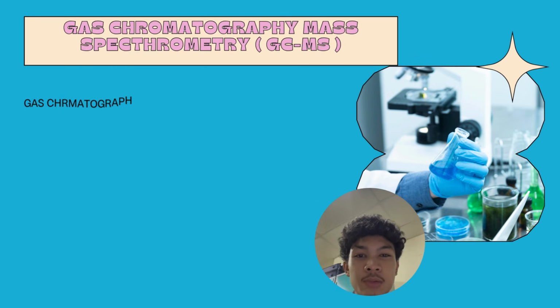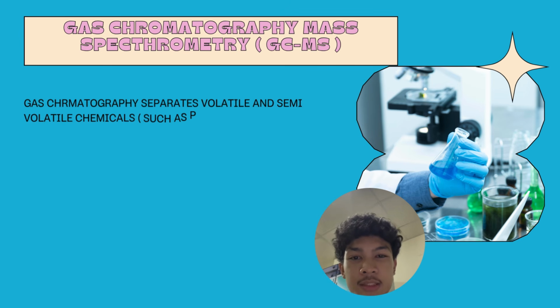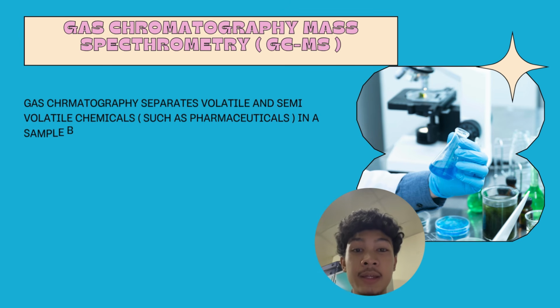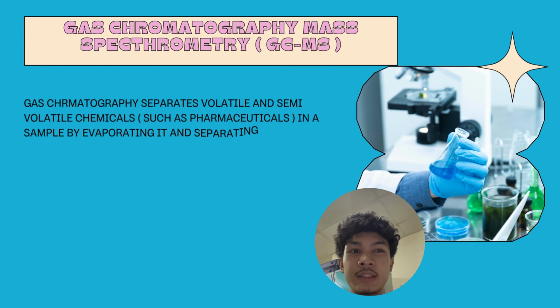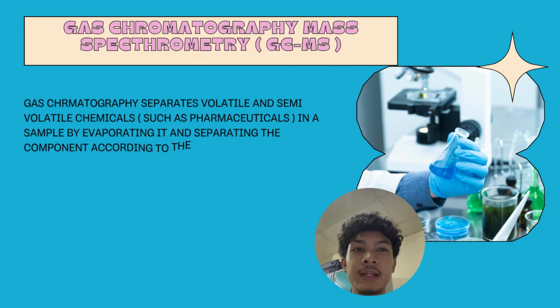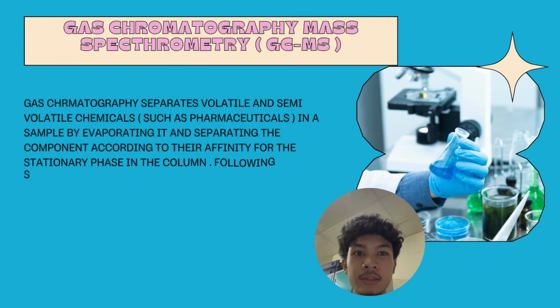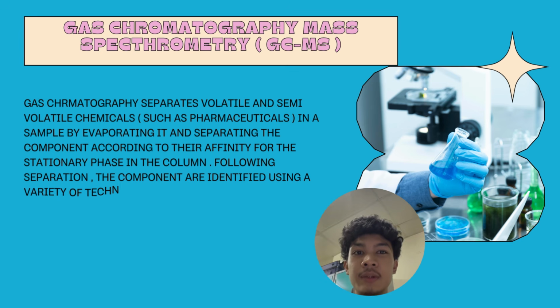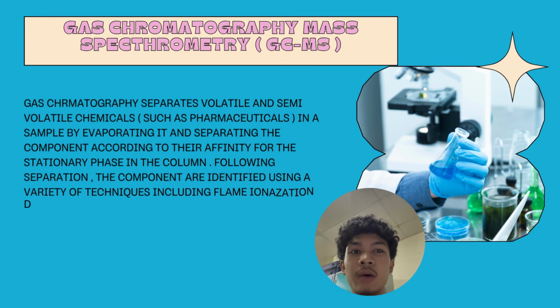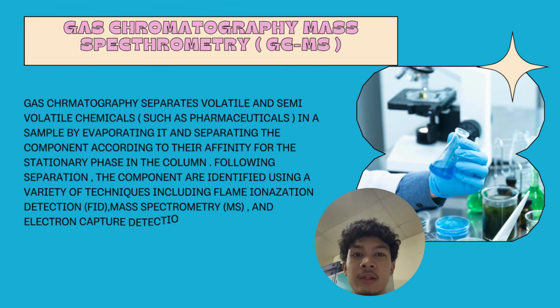Okay, I will explain gas chromatography mass spectrometry, GCMS. Gas chromatography (GC) is a technique used to separate volatile and semi-volatile chemicals such as pharmaceuticals. The process works by evaporating the sample, then separating its components based on how strongly they interact with a stationary phase inside the column.